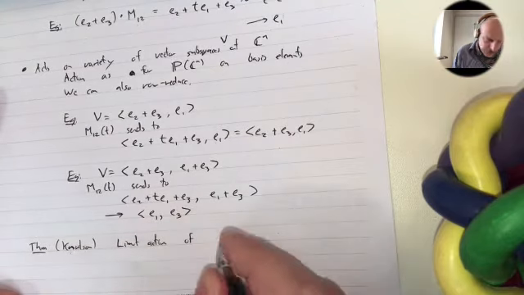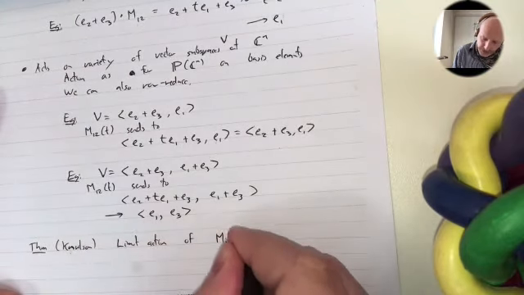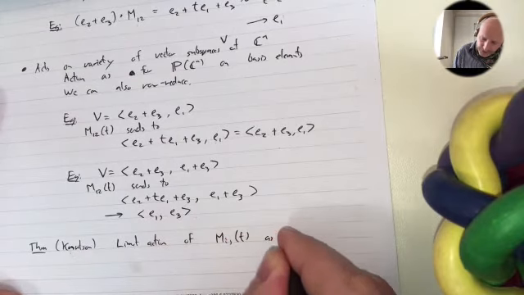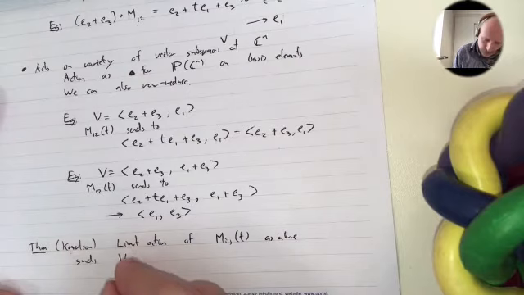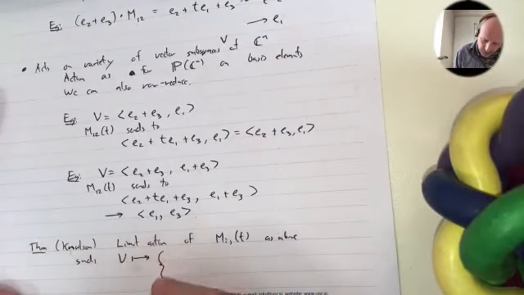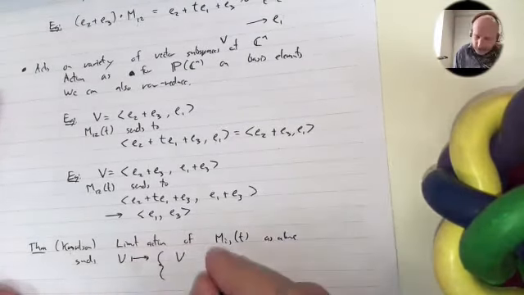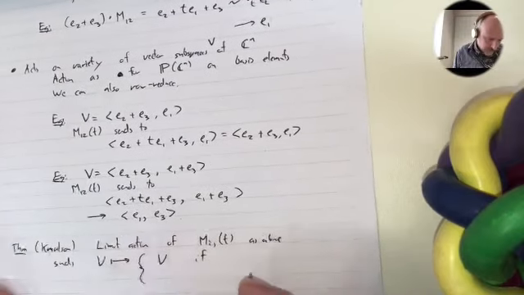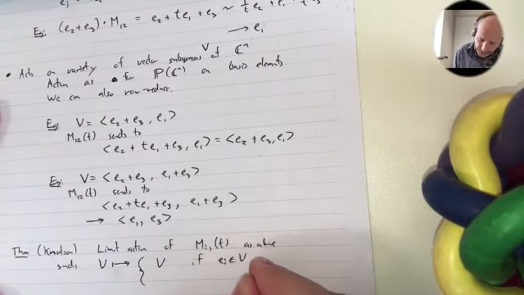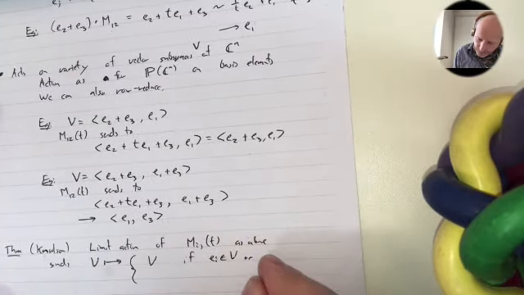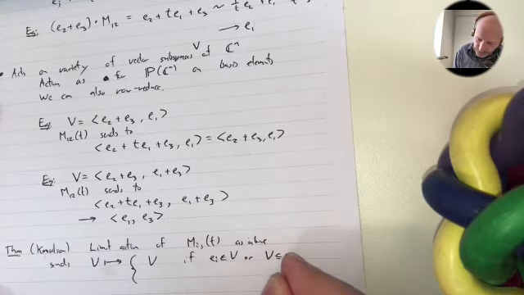The limit action of Mij of t as above sends V to, well, it either fixes it if, let's see, if Ei is in V, or V doesn't involve an Ej.